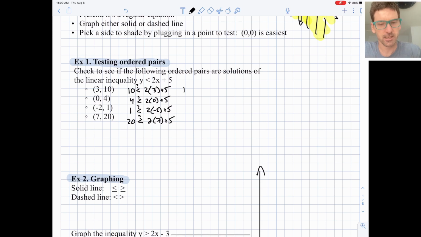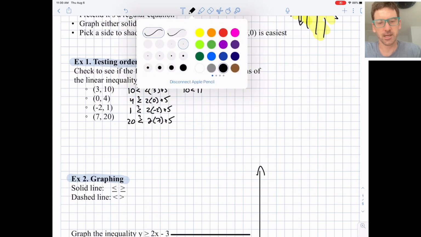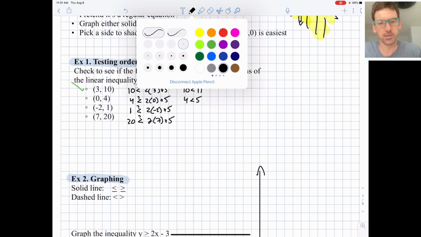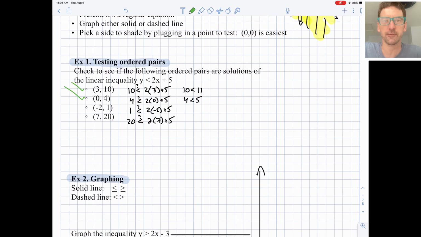So is 10 less than 11? It is. That one checks out. So this one's good. That ordered pair works. And next is 4 less than 5. Yep, that one works as well. So we can check that guy off. That's a good one.